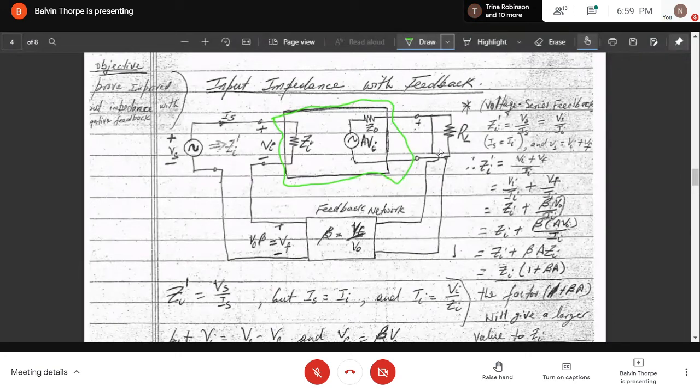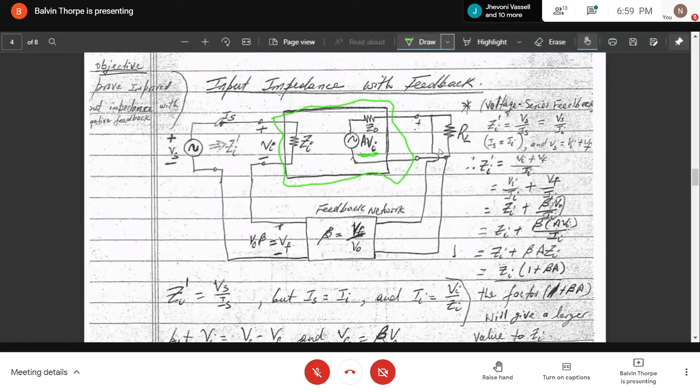The gain will give you the output voltage, and that's the output voltage, right? That's all inside the amplifier itself. But overall, this is the network itself.